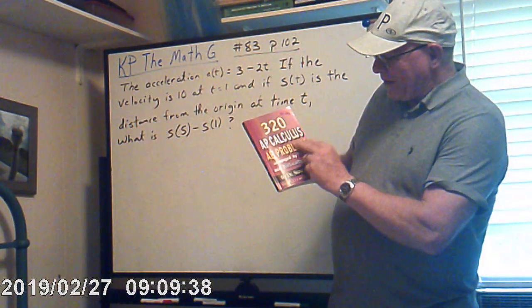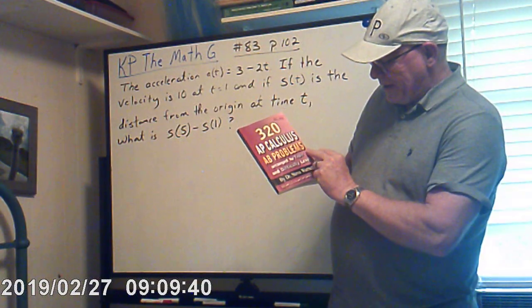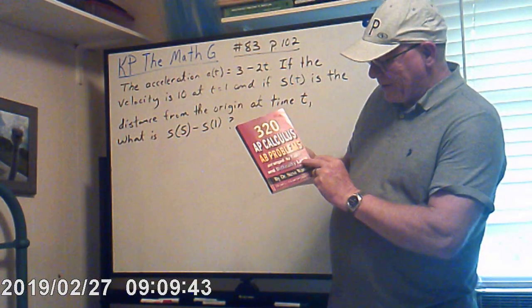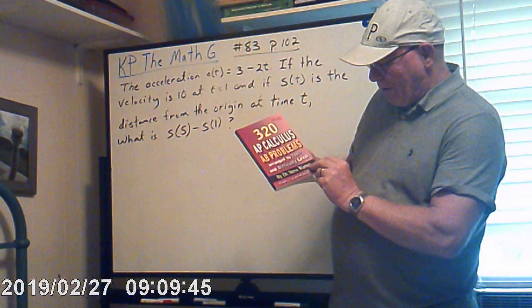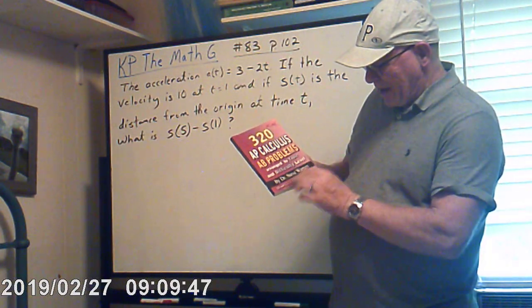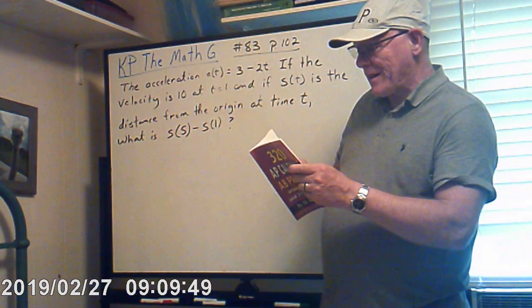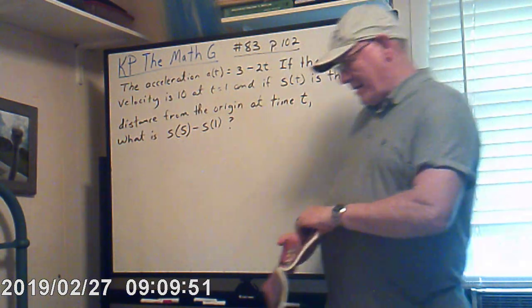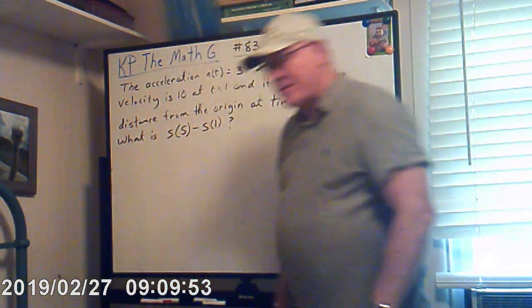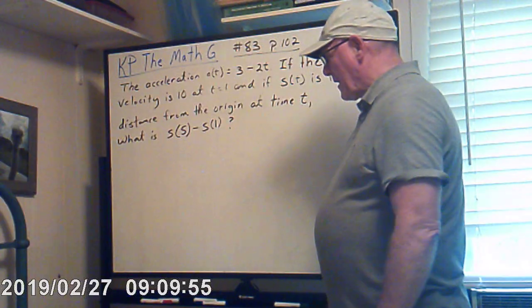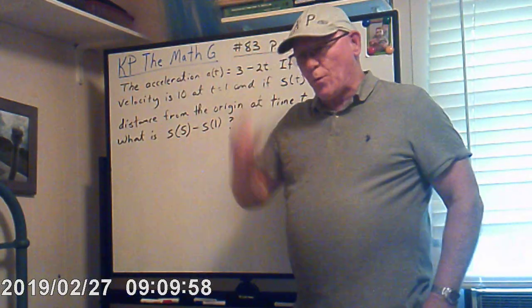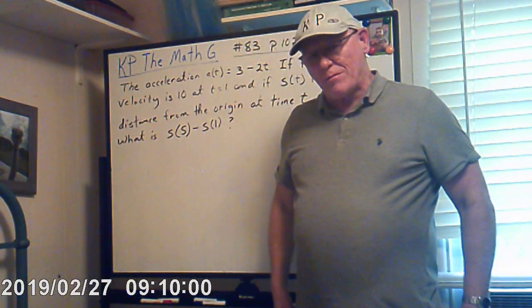The book is 320 AP Calculus AB problems, arranged by topic and difficulty level by Dr. Steve Warner, and they have 5 levels. I don't know what level this is, but it is something that we need to be aware of. Let me give you a quick review before we proceed into this.